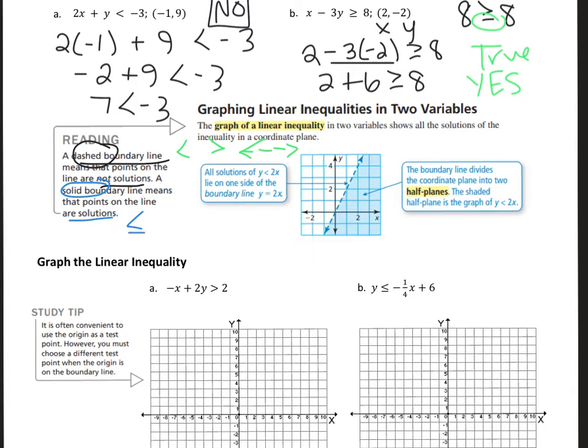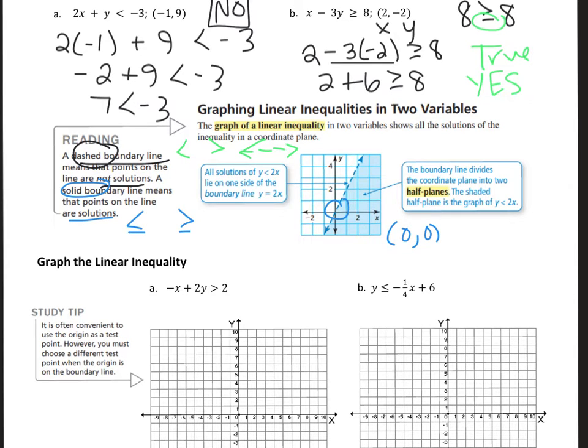So you're going to use it for less than or equal to or greater than or equal to. Notice on here, the origin 0, 0 is on the dashed line, so 0, 0 is not a solution. Anything over here that's shaded would be a solution, all of these ordered pairs. But up above the line, they are not solutions.